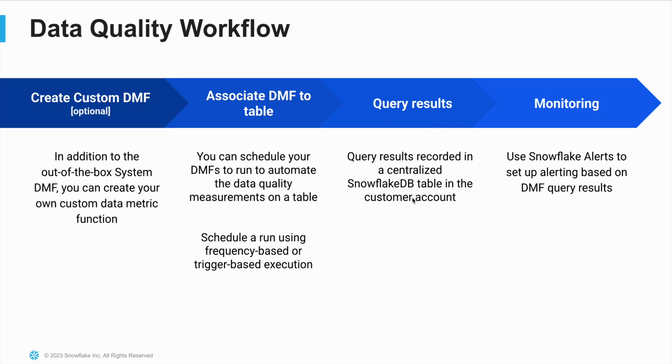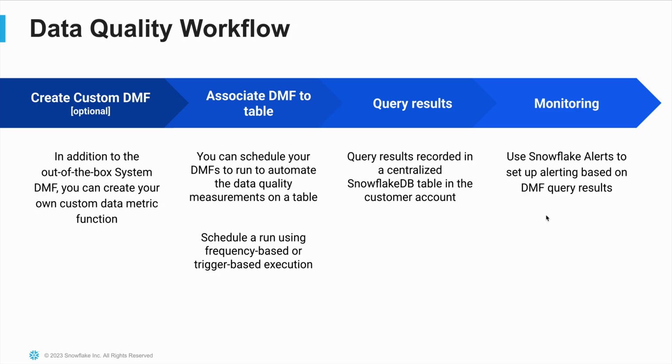You can then query the results that are recorded in that centralized table that automatically gets added to the Snowflake database in the customer's account. And then you can use Snowflake alerts to set up monitoring based on the data metric function query results.